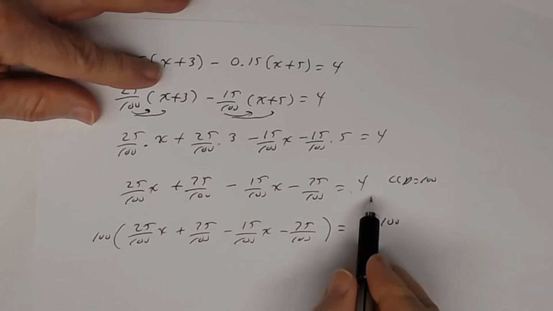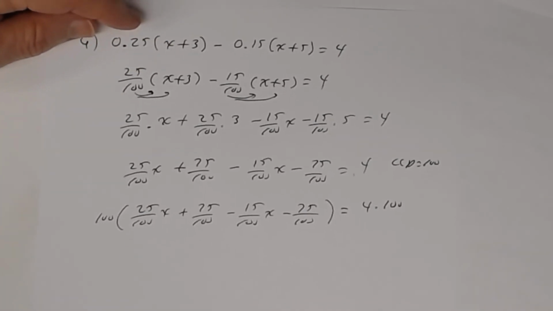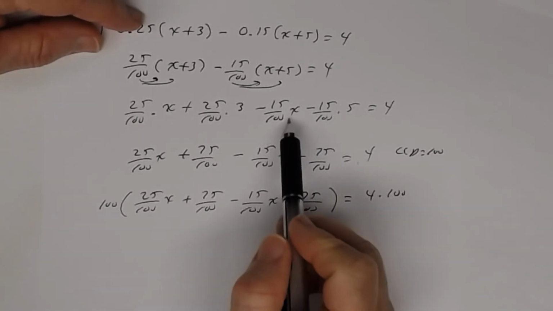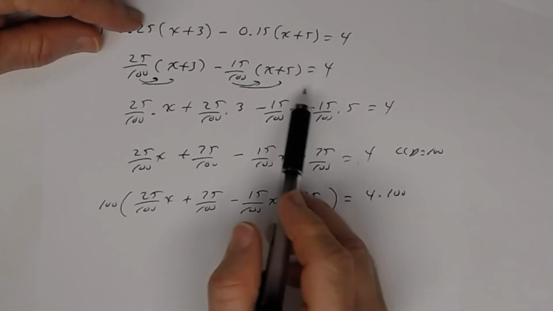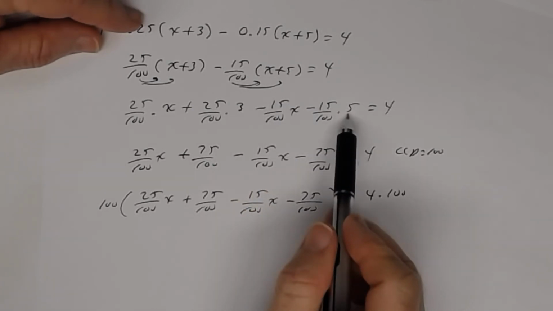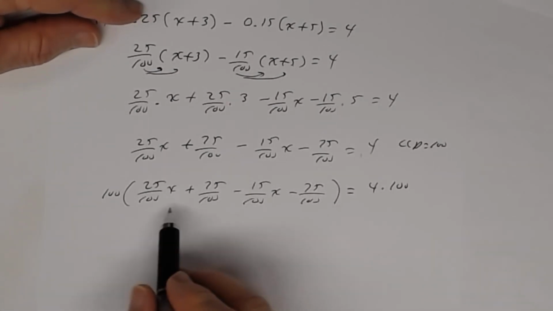Don't forget, what you do to one side, you do to the other, okay? Let's see, I'm trying to think if I made a mistake here. 15 times 5 is 75. Okay, so I'm good.